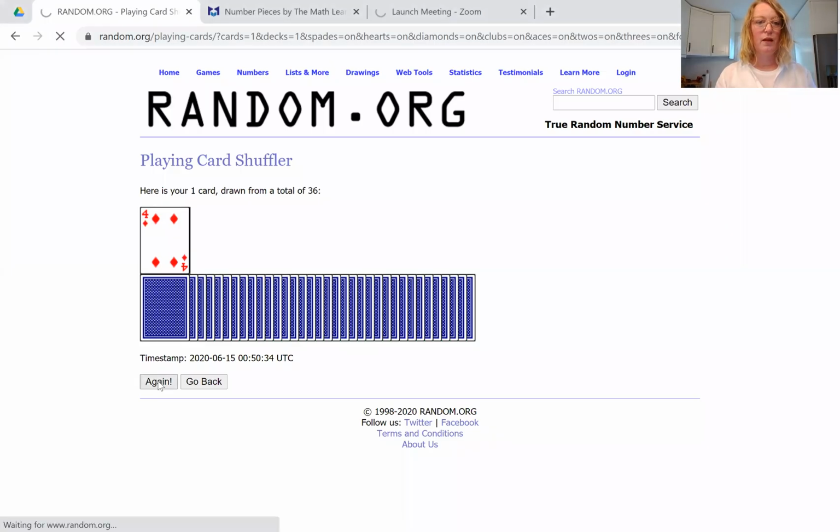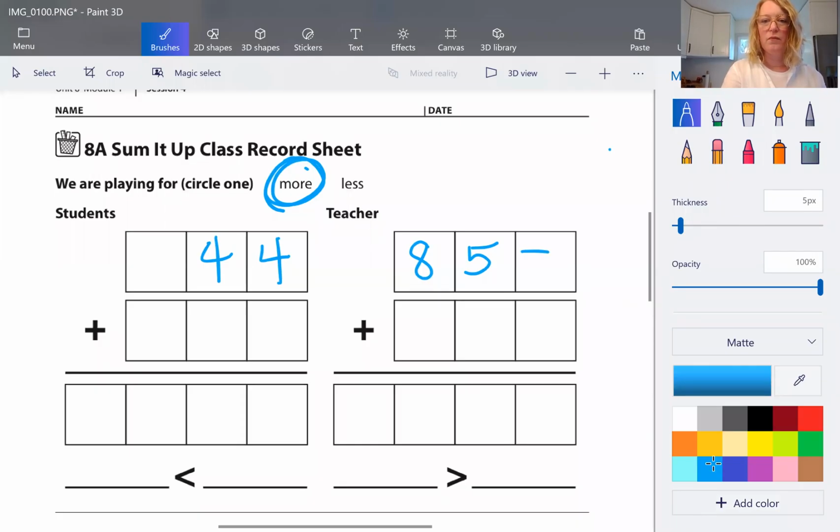Let's do 2 more cards. I got a 5 and you got a 5.